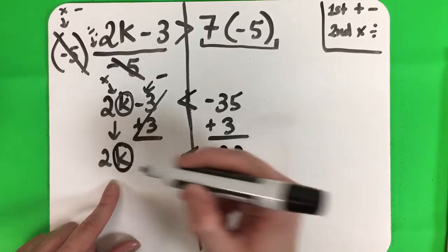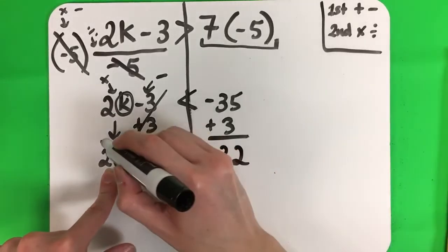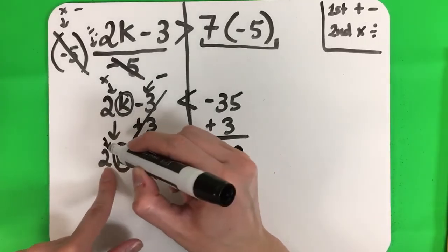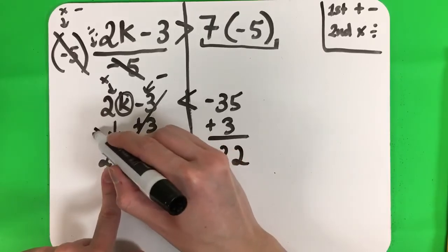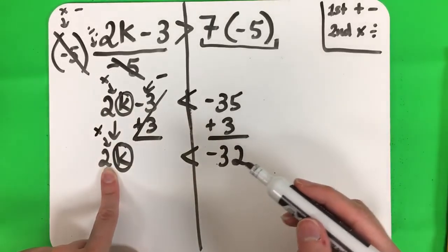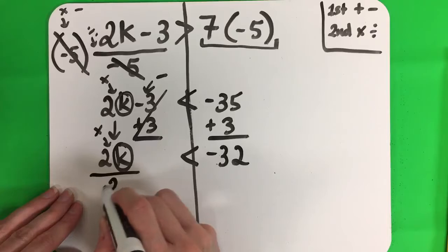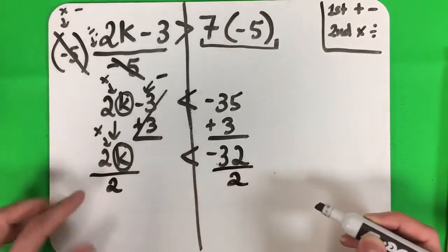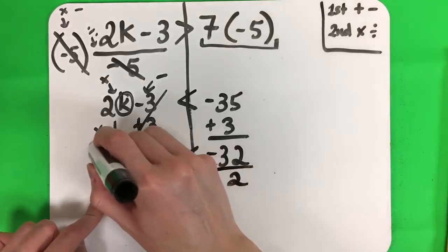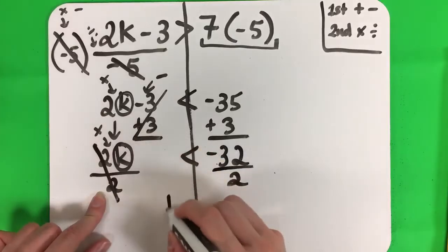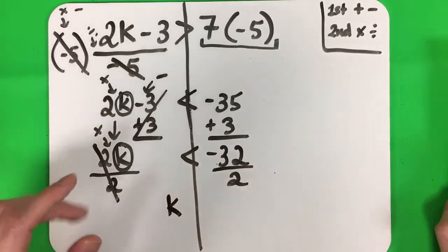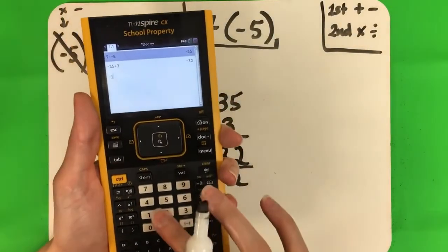I want k alone. 2 is with k. 2 es con k. Nothing in the middle, nada en el medio. Multiplication. The opposite, contrario, divide by 2. Divide by 2. 2 divided by 2 is 1. Cancel. Copy k. -32 divided by 2.